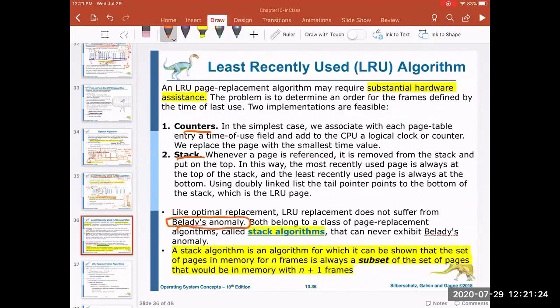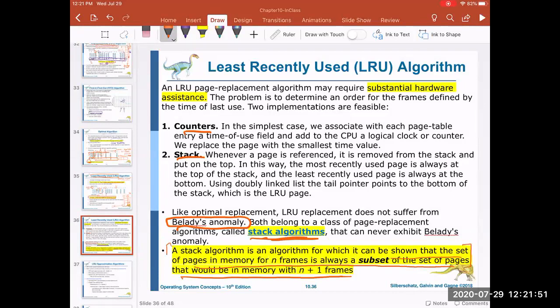These are a class of algorithms called stack algorithms. A stack algorithm is an algorithm for which we can show that the set of pages in memory for n frames is always a subset of the set of pages that would be in memory with n plus 1 frames.